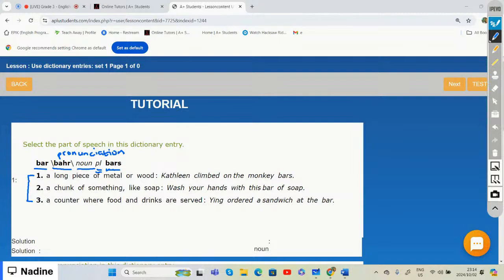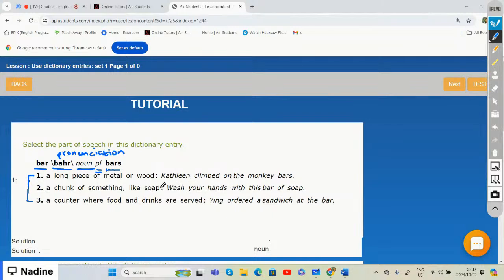The first meaning of bar is a long piece of metal or wood. And then an example of how you can use the word bar within a sentence: Kathleen climbed on the monkey bars. Number two, the second meaning of the word bar is a chunk of something like soap. It's like saying a bar of soap.